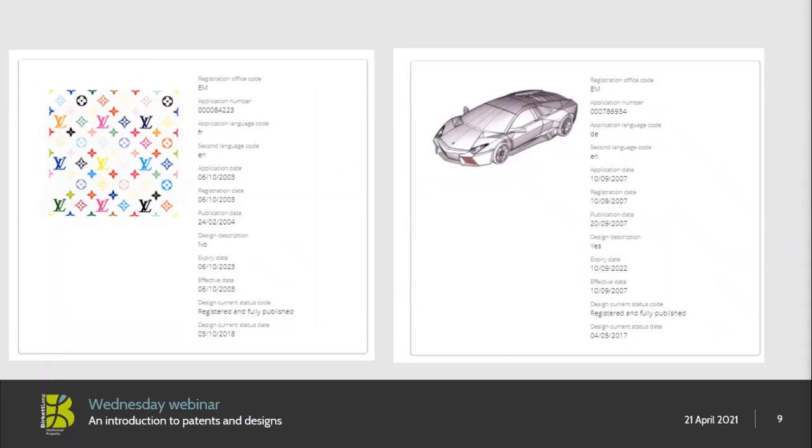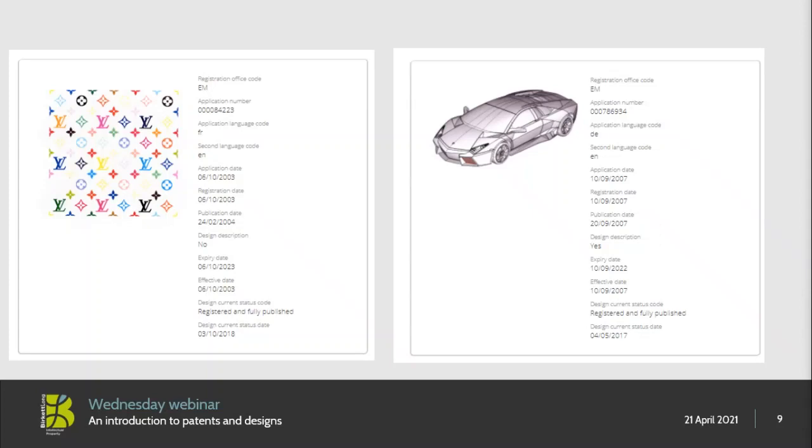But you can see the application was made on the 10th of September 2007, which was also my 27th birthday, and it was published on the 20th. So a very short period of time before the protection was afforded to Lamborghini for that.